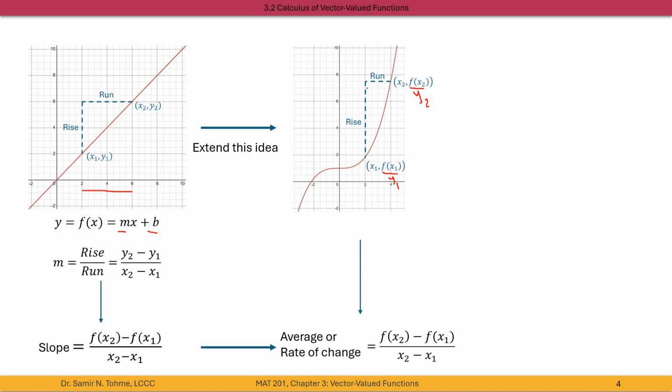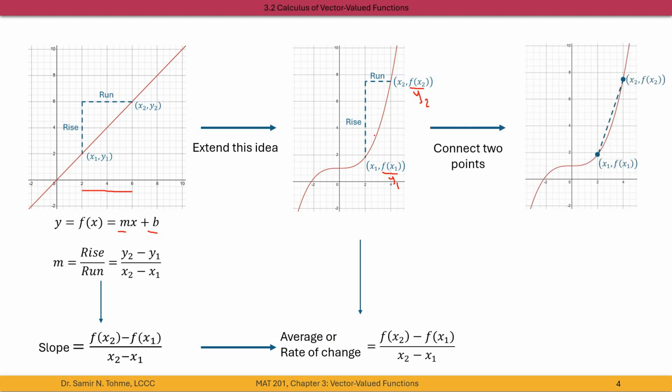Now, to calculate the rise over the run, this is the same formula as before, but this time you're calculating the average or the rate of change between these points. If you take different points on the function, you will get different rate of change. And if you connect these points together between the first and the second point, you will get a line, we call it a segment or a secant segment.